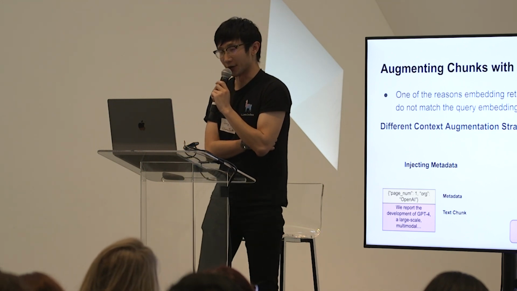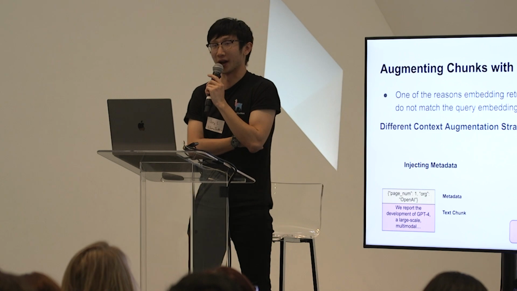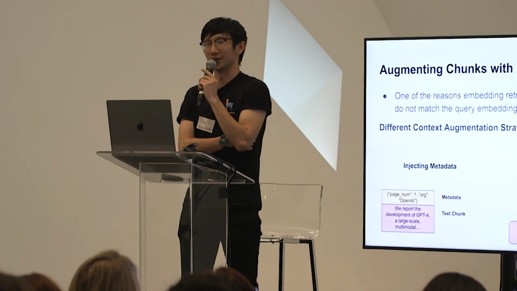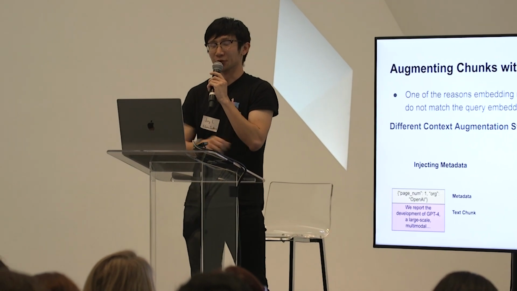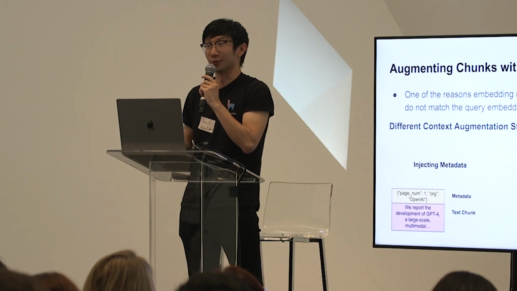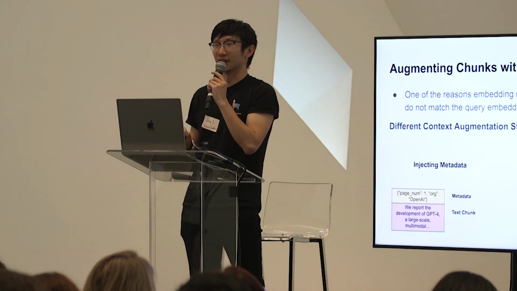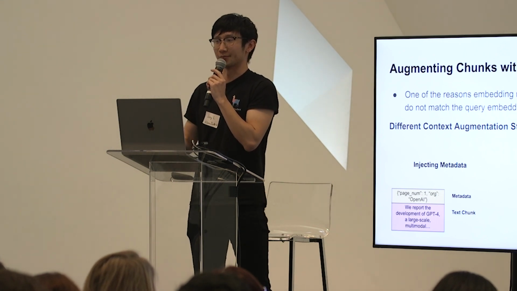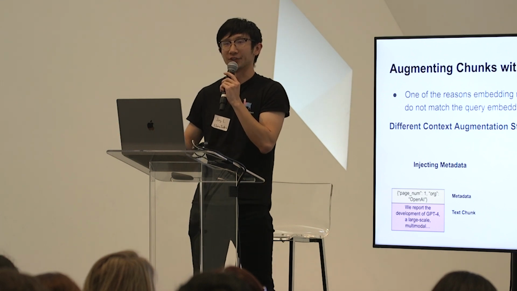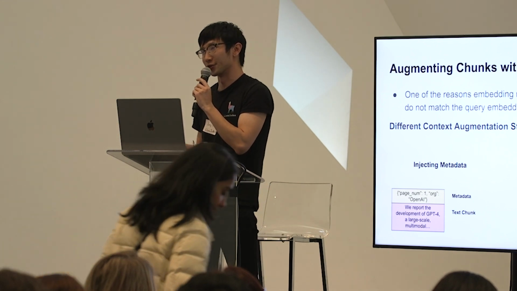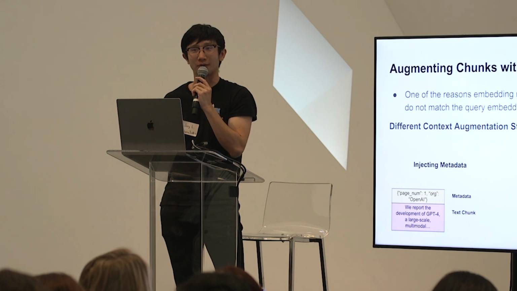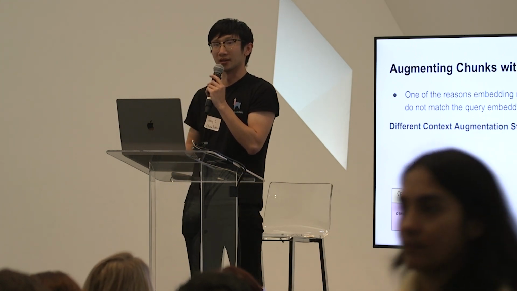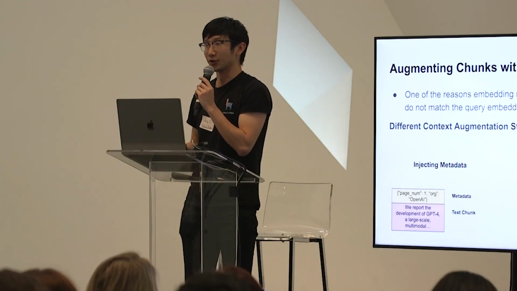Yeah, so that's actually a great question. I honestly don't have a great answer to that. I guess part of the point of this talk was just that you should think about it, and it should probably be domain specific. I've talked to a few customers building different types of applications. If you're building a legal chatbot versus an e-commerce shopper, the type of data and the type of metadata you have to inject is generally going to be different.